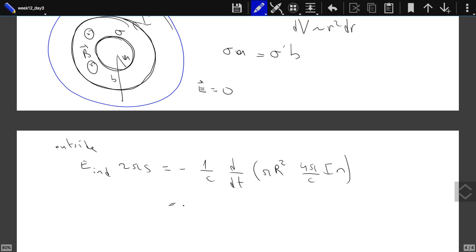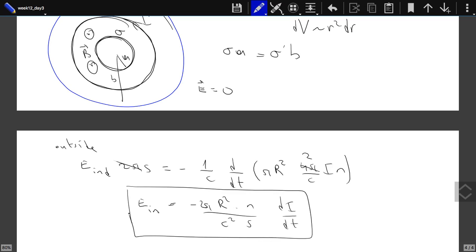So 2 pi cancels the 2 over here, and we end up having E induced equal to minus 2 pi r squared n over c squared s dI by dt. This is the induced electric field.